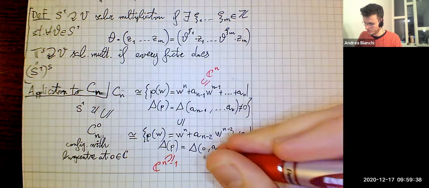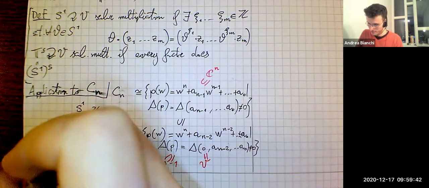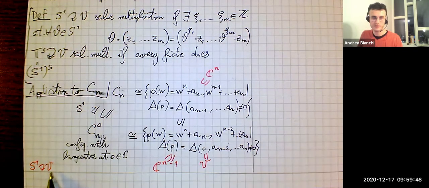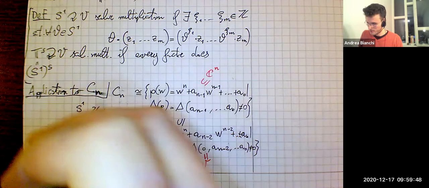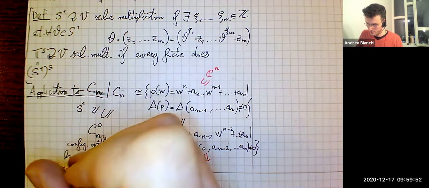This is the V to which we want to apply the theorem, and now we know that S1 acts on V, and one can check that it is an action by scalar multiplication.